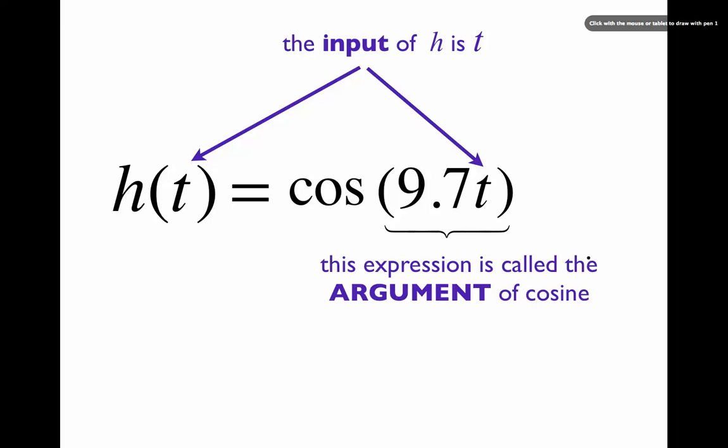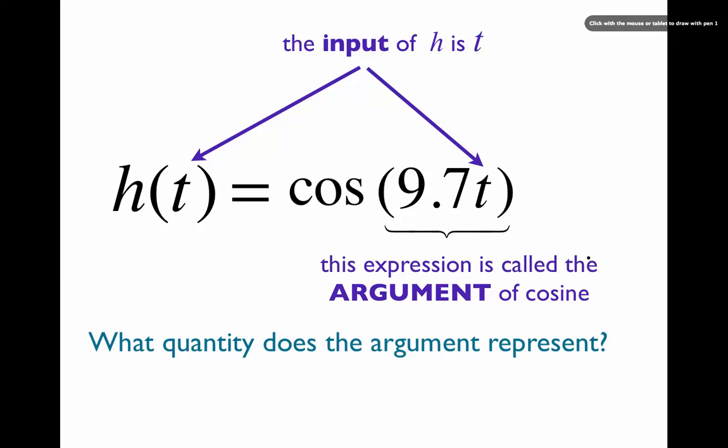So this thing that goes into cosine as a whole, we call the argument. The argument of the expression. If it's the argument of cosine, what quantity is it?